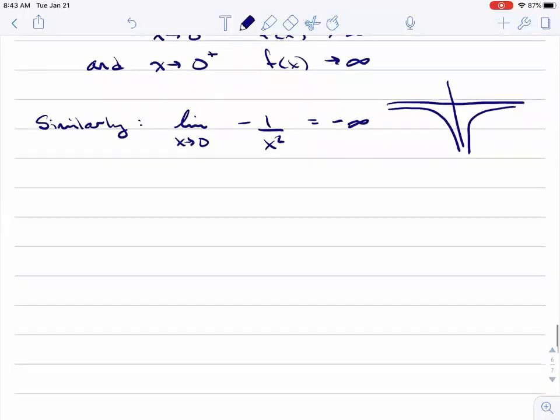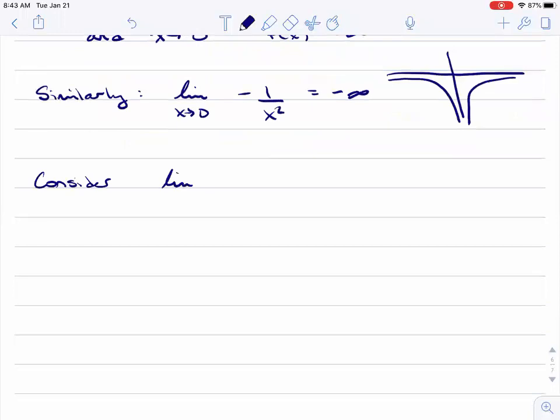What if we have something like, so if we consider the limit as x goes to 0 of just 1 over x, right? Might help to have a look at the graph of 1 over x. It's going to look like this, right?